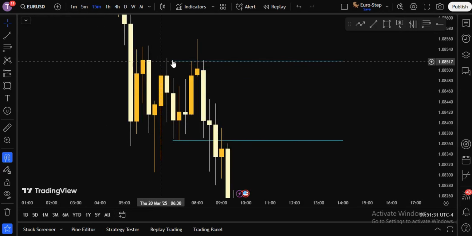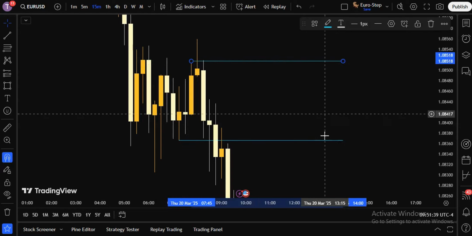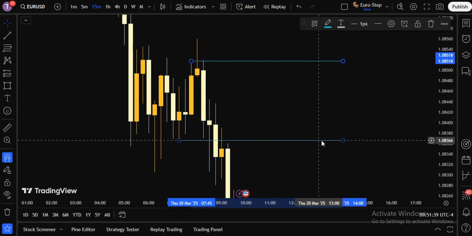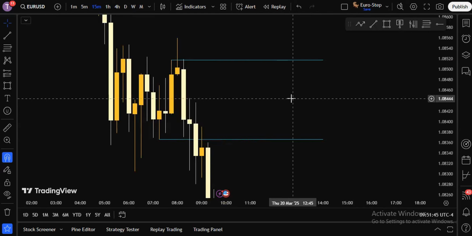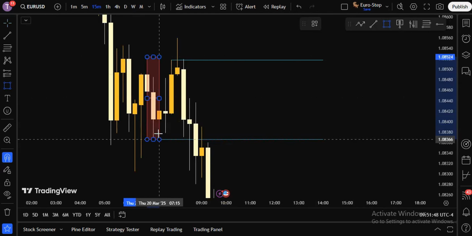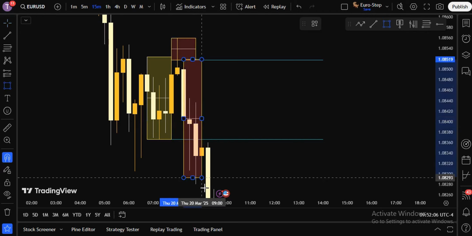The outlined range was this range, our 7 o'clock lowest and highest point, with the two blue lines. The process we want to outline is accumulation over here, which we put as yellow, and then manipulation, before our distribution phase there.